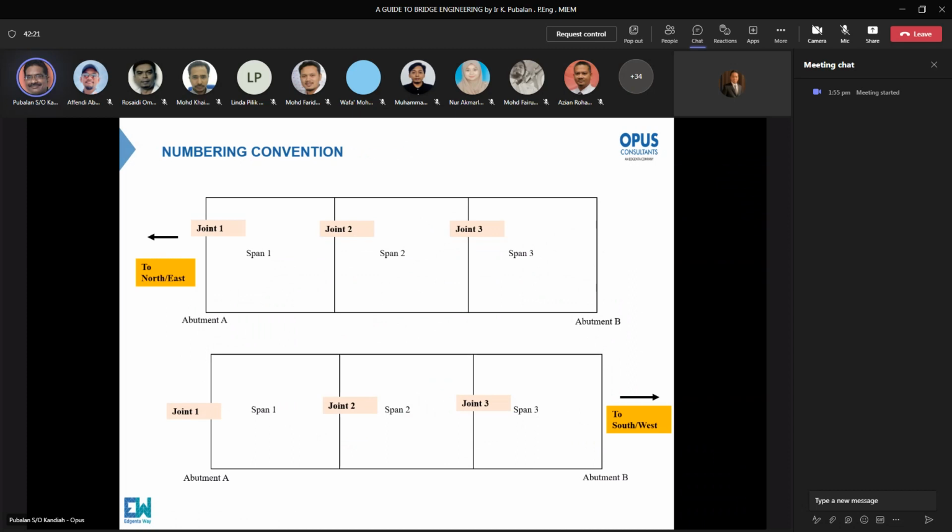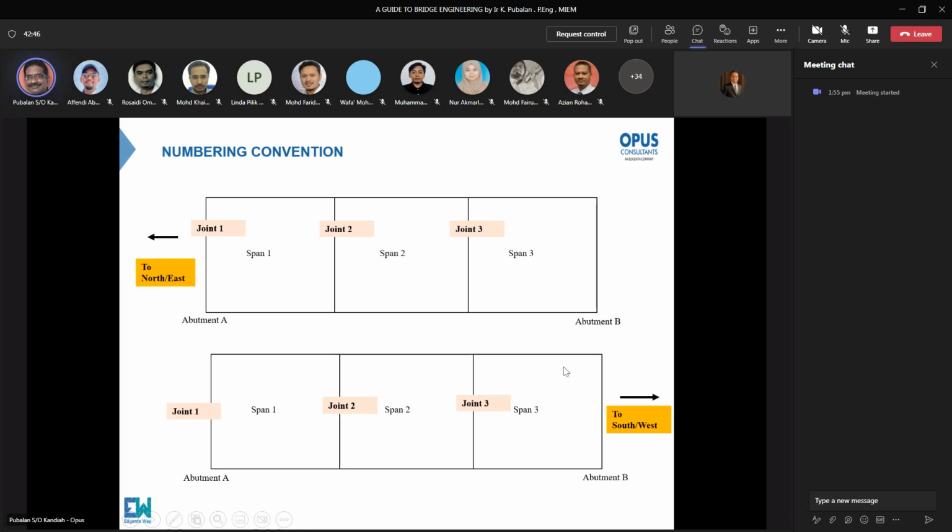This is the numbering convention. So you have your span, and normally the direction to the north or east will take the precedence. Okay, priority is given to the direction towards the east or north. So we start our naming from north or east. Okay, this is a south bridge.